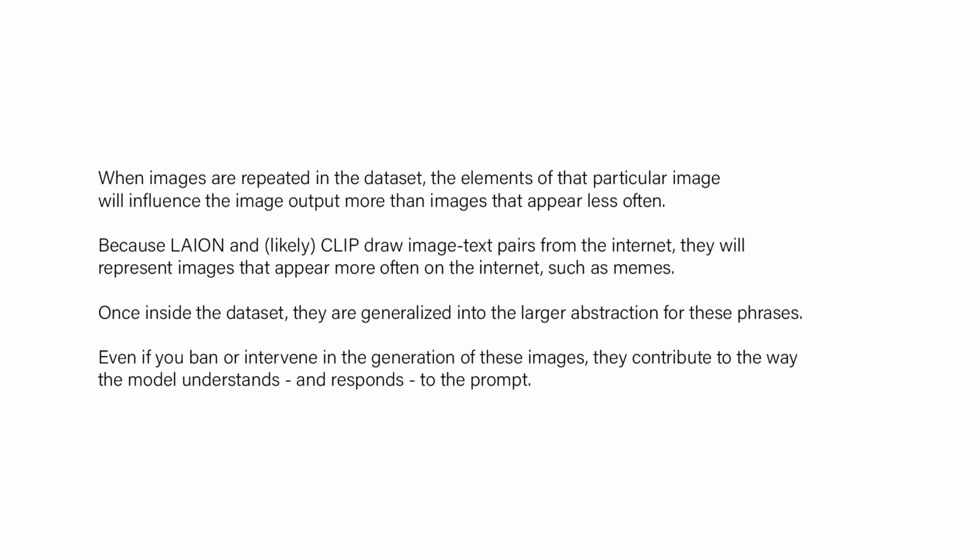Even if you ban or intervene in the generation of these images, they contribute to the way the model understands and responds to the prompt. If you banned Big Gulp as a prompt, right? The image has still contributed to this category and the model's understanding of the category of typical American.